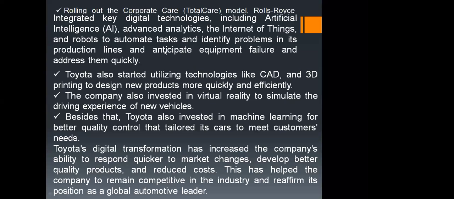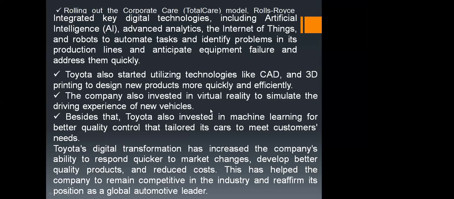Starting from design to other services in the automobile field, they have integrated AI techniques, analytics, Internet of Things, and robots to automate tasks, identify problems in the production line, anticipate equipment failure, and address it quickly. Toyota also started utilizing technologies like design software, CAD and 3D printing to design new products more quickly and efficiently.